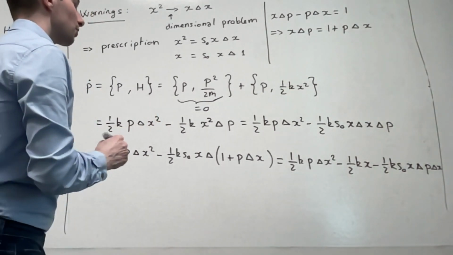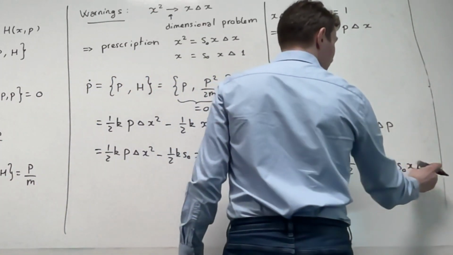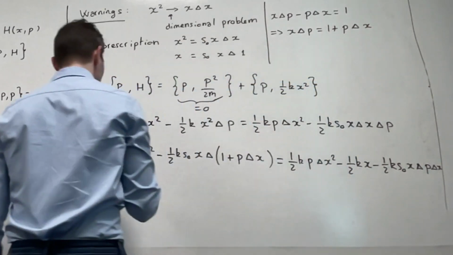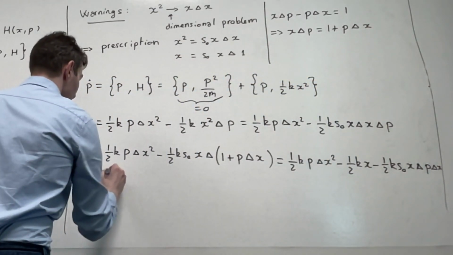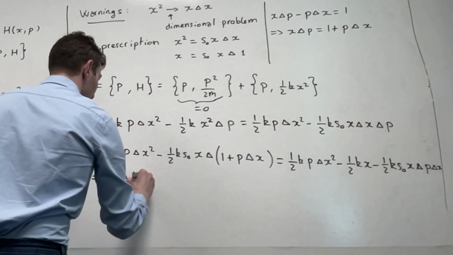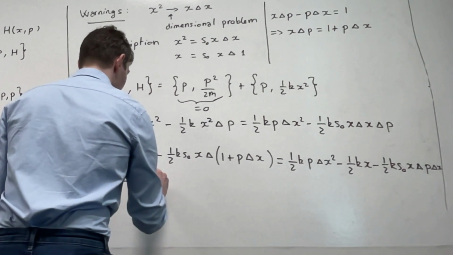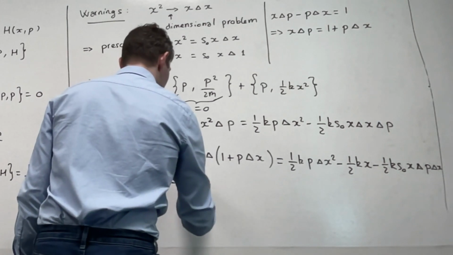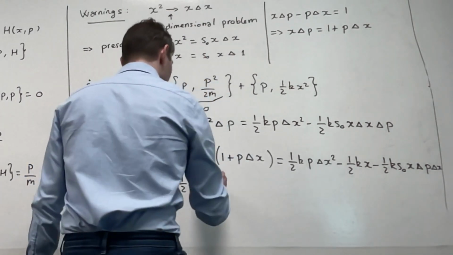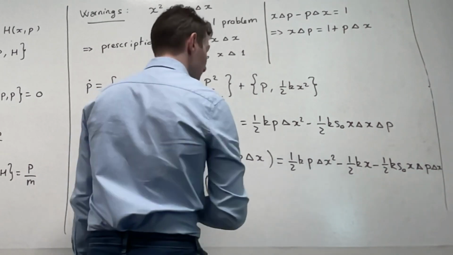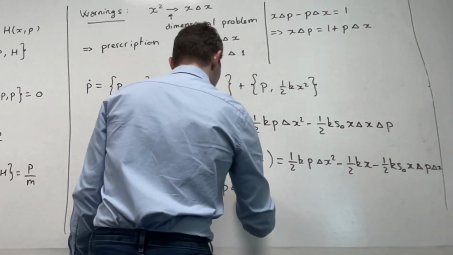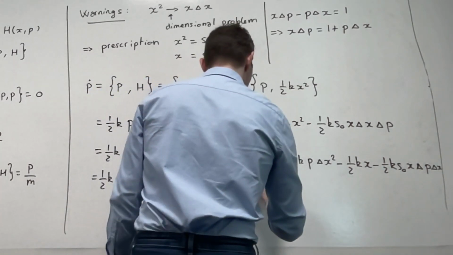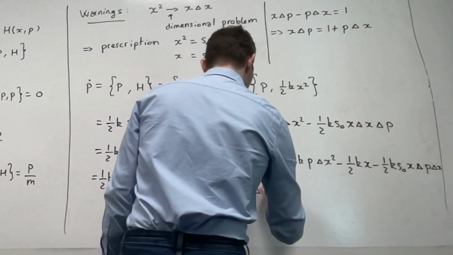Okay, so now what I do is that I substitute, basically here I've got x triangle p, which I replace again by this one. So I'm getting half k p triangle x squared, then minus half k x, and then minus half k S0, and now I've got here 1 plus p triangle x, and then that is triangle x here.